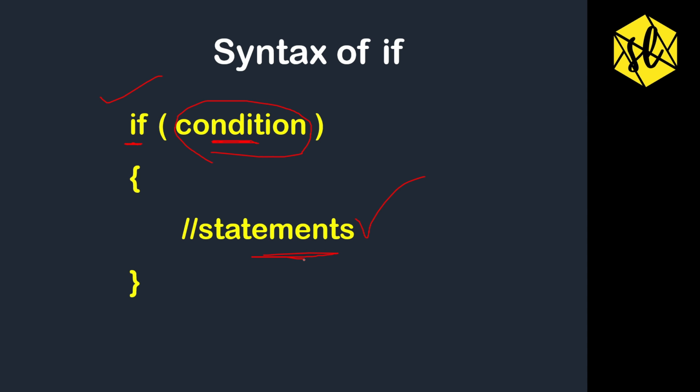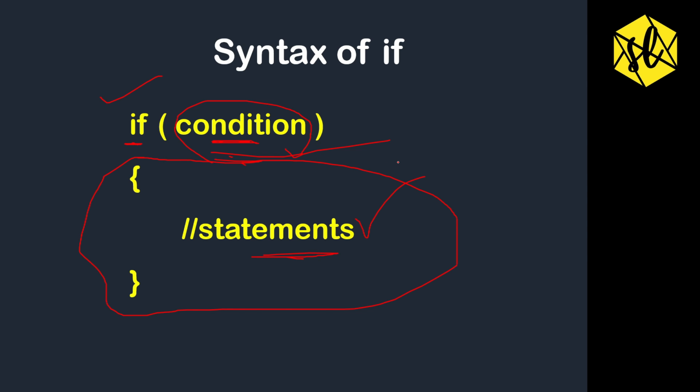But if it is false, the block inside this if will not run or execute. Let's repeat it. If this condition is true, this complete block will execute, but if it is false, it will not.